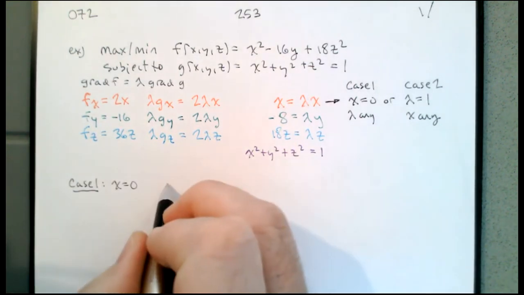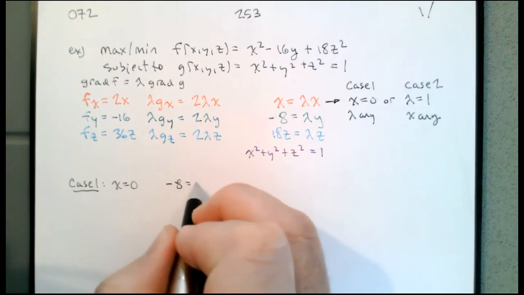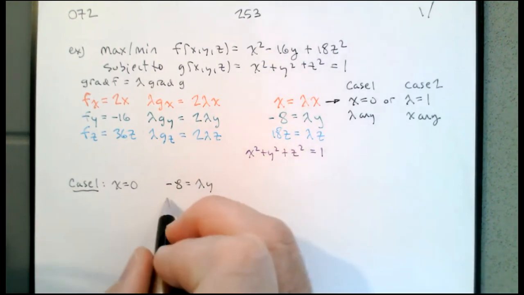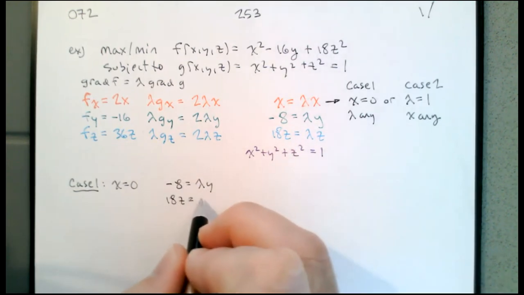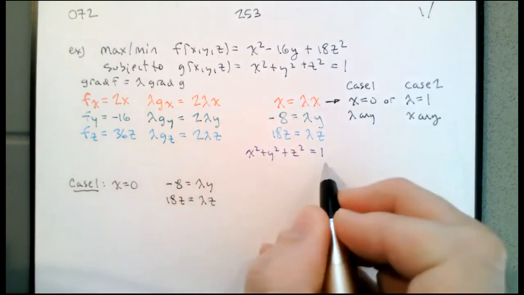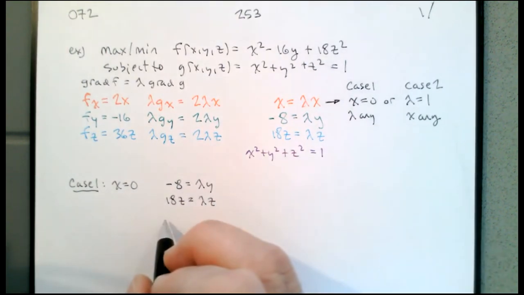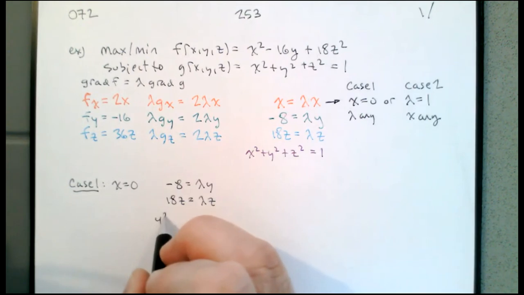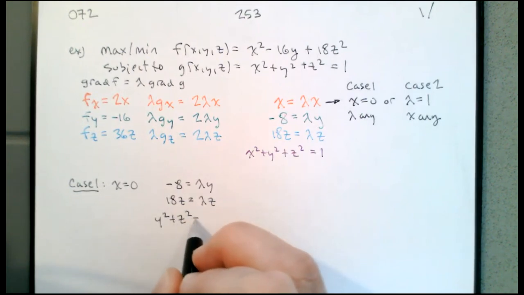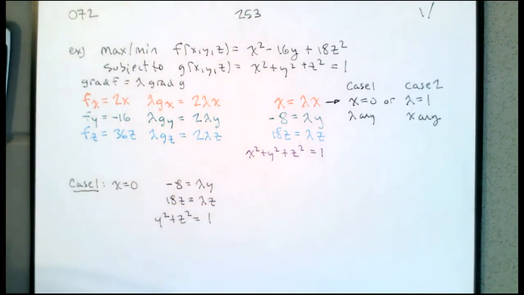I'm not going to color code anything anymore. And 18z equals lambda z. And then this third equation will just be y squared plus z squared equals 1. So x equals 0 takes out that first equation and reduces our fourth equation to a circle.